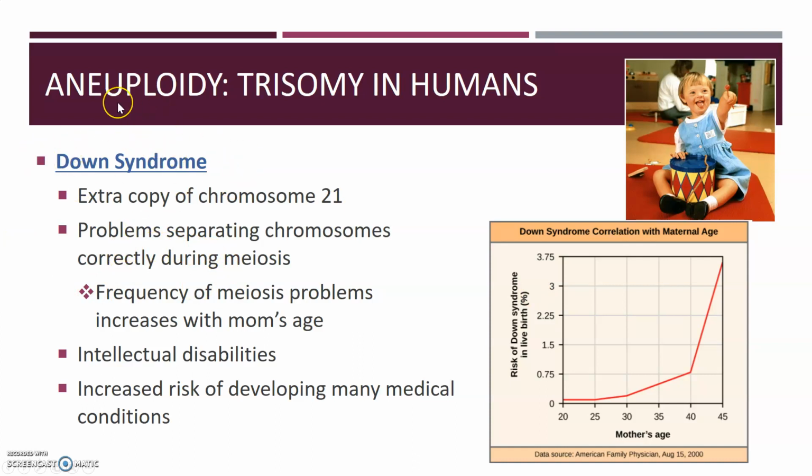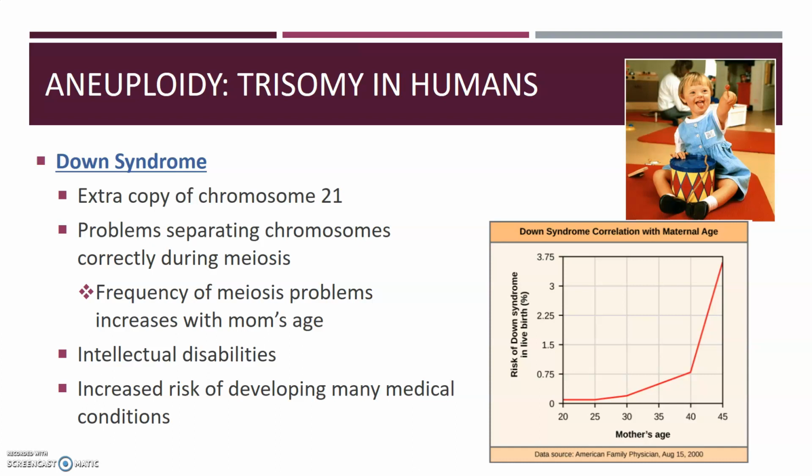Down syndrome is an aneuploidy. Specifically, it's what's called a trisomy. So tri is 3. There are 3 copies of a chromosome, in particular chromosome 21, and this occurs in humans, right? And so 3 copies is one too many. It's an extra copy. And this results from problems separating the chromosomes correctly during meiosis.